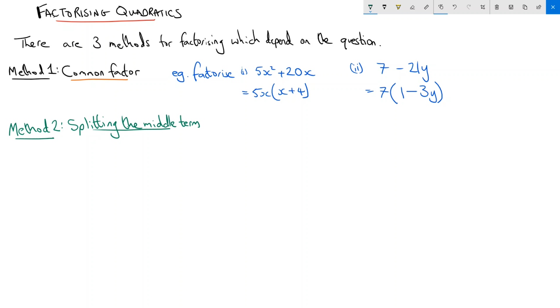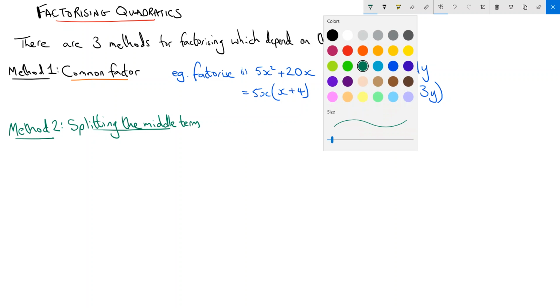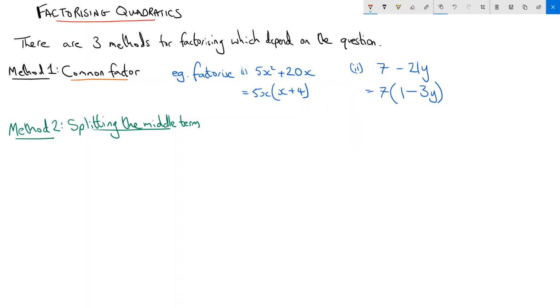Now, we use it when we have an x squared, an x, and a constant. So by constant, I just mean a number.